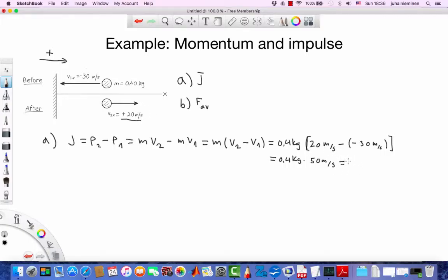And here we get 20 kg m/s, which is the same as 20 Newton seconds for the magnitude of the impulse. And if you want to do this in vector form, J would be 20 Newton seconds to the right, or 20 i, with i indicating the positive x direction.